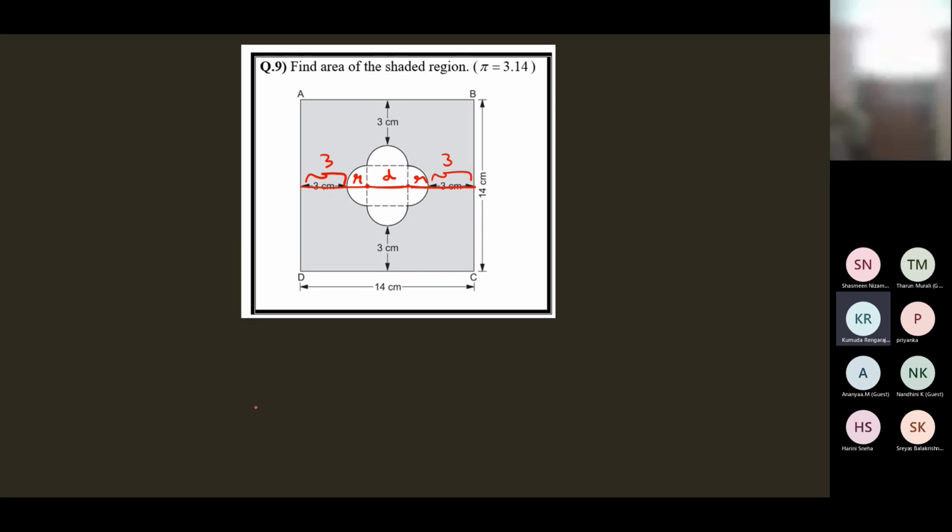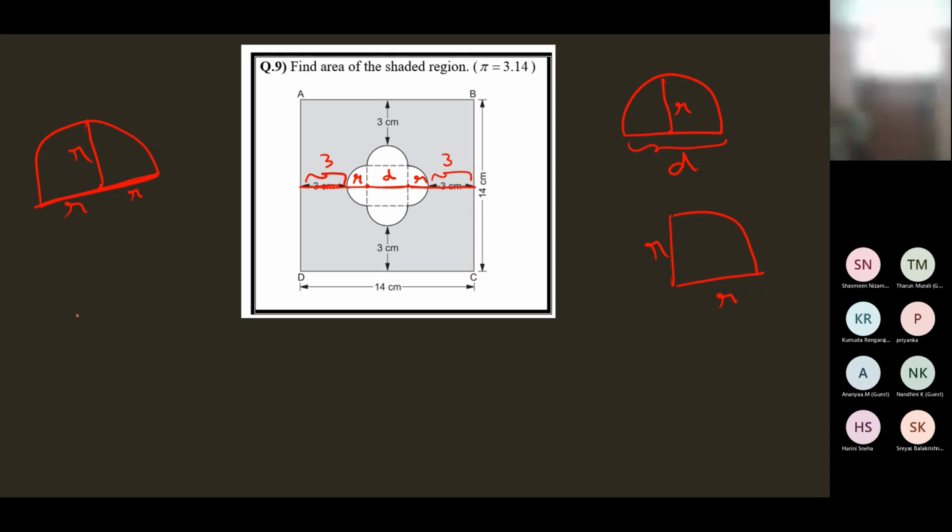In a semicircle, from here to here is the radius, and this one is the diameter. In a quadrant, both are radius, R and R. But in a semicircle, this one is the diameter, that is R here and R here, and from here to here is the radius.